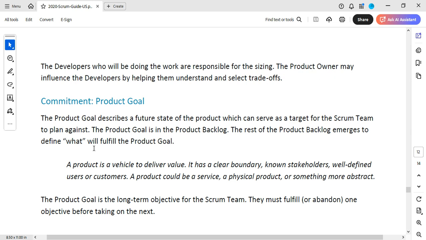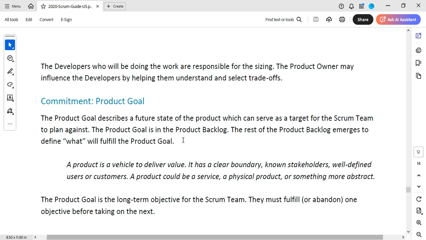The product owner may influence the developers by helping them understand and select trade-offs. So when I say the sizing, it is the responsibility of developers to say, okay, this will take us this amount of time. So they can use t-shirt sizing, the Fibonacci theory and so on, to apportion sizes to product list items.